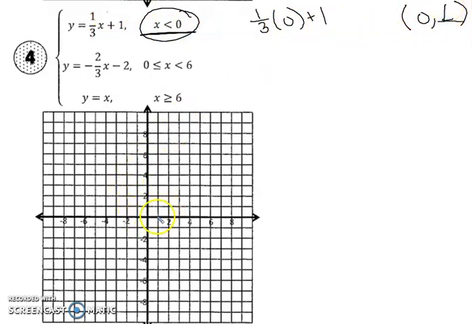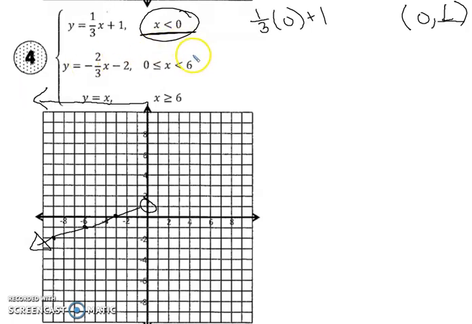Is it open or closed at that point? 0, 1, open. And I want less than 0, so I want everything from here over. So can I go up 1 over 3, or do I need to go down 1 backwards 3? Down 1 backwards 3. And that puts my line where it needs to be.